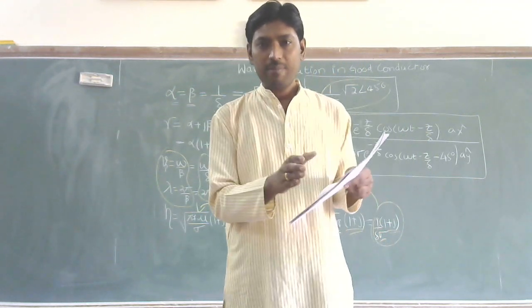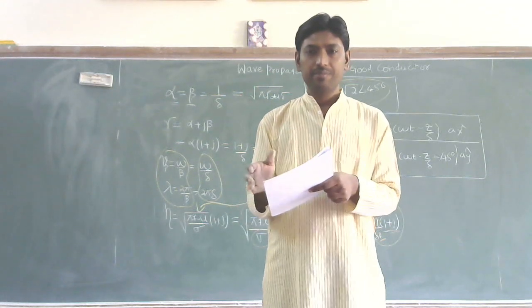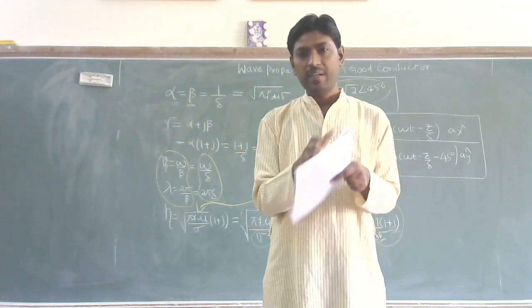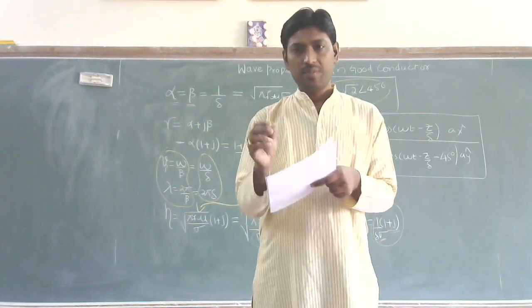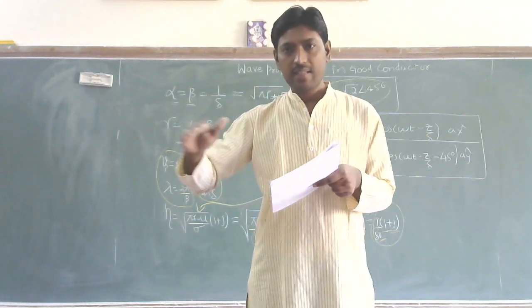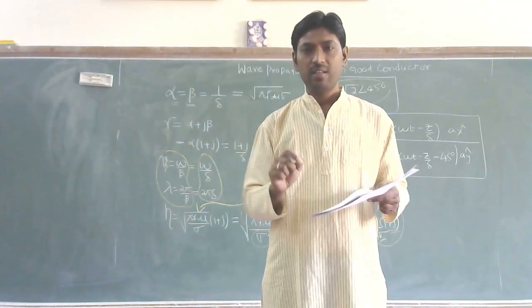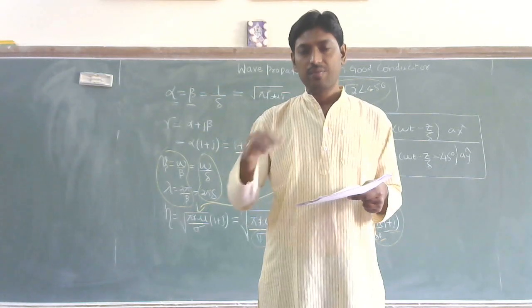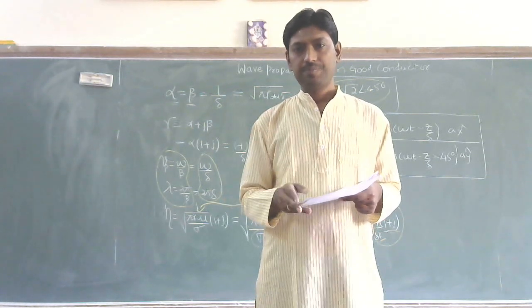What happens when it comes to a conducting medium? The wave first of all attenuates as it propagates, and E and H fields are out of phase by an angle theta eta.